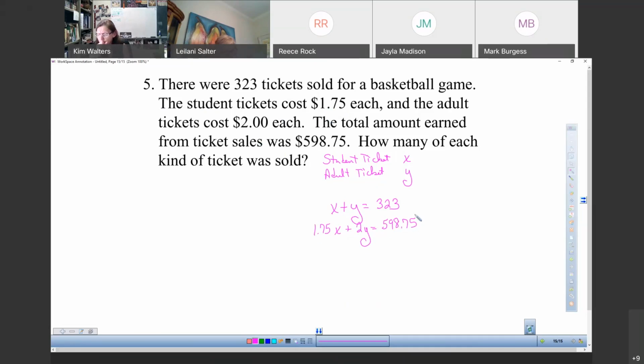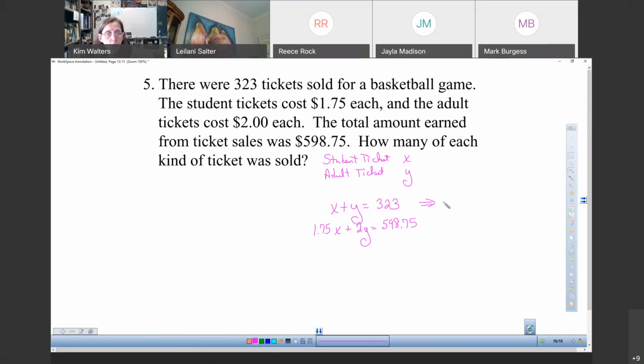So one thing I try to tell students is money goes with money, amount goes with amount. Okay. So somehow I've got to incorporate the $1.75, the $2, and the $598.75. And so that's what that second equation is going to be.